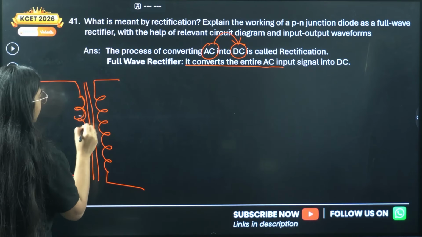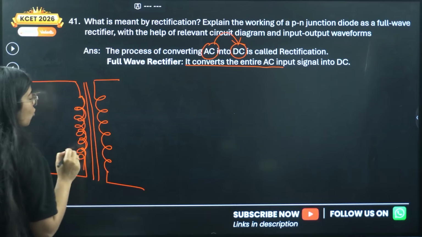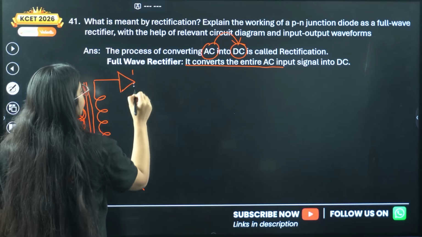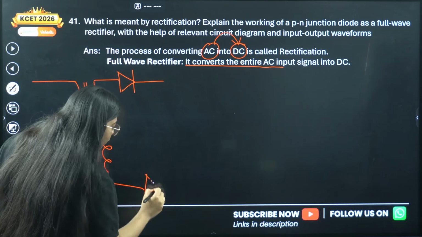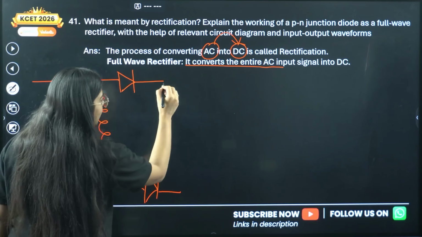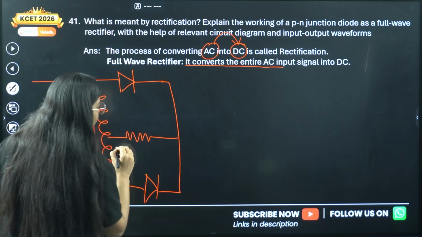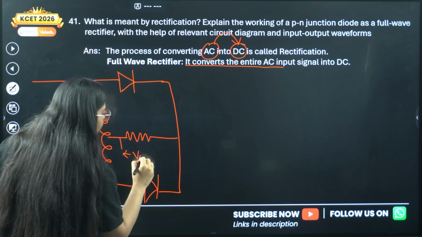The number of turns in the primary coil is a bit more than the secondary coil, we know that. Then we have 2 PN junction diodes here, both in the same direction, and we have one resistance here, through which we measure our output.